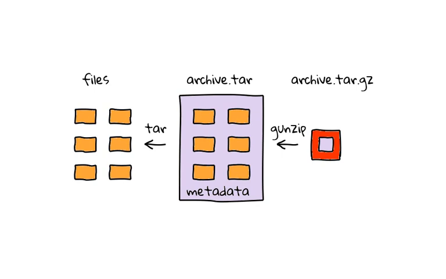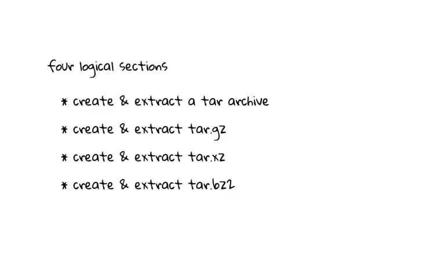For simplicity's sake, I have broken this episode into 4 logical sections. The first section, we are going to walk through creating and extracting a tar archive, basically just an archive without the compression step. In the following 3 sections, we'll cover creating tar.gz, tar.xz, and tar.bz2 compressed archives.